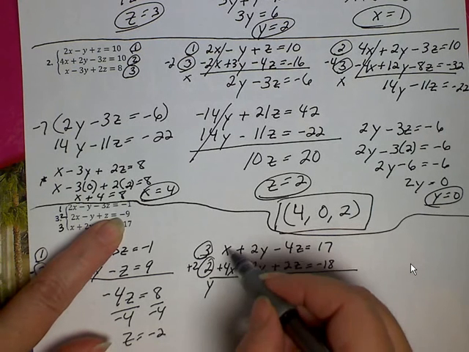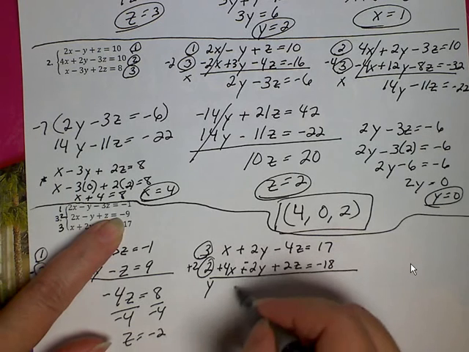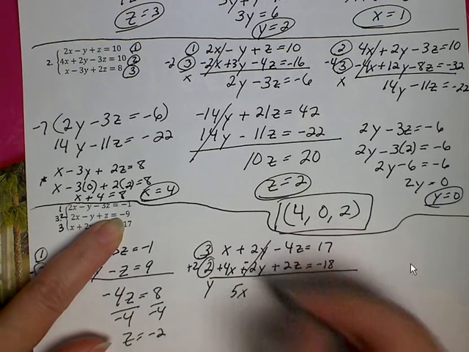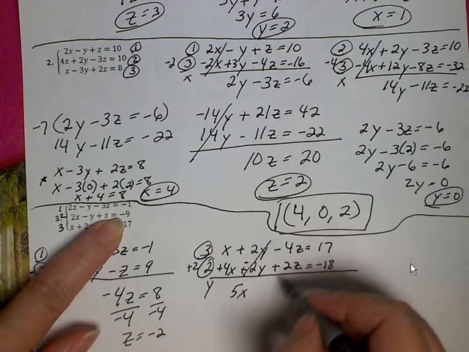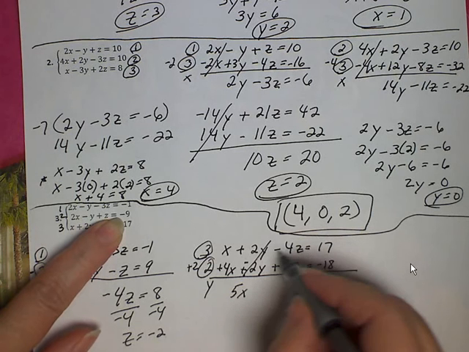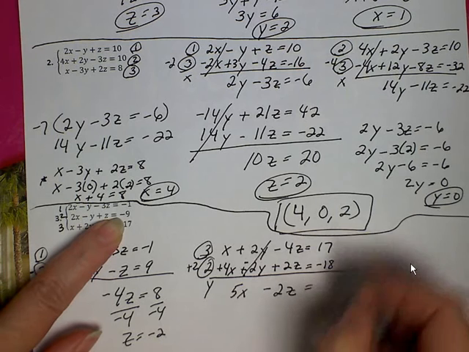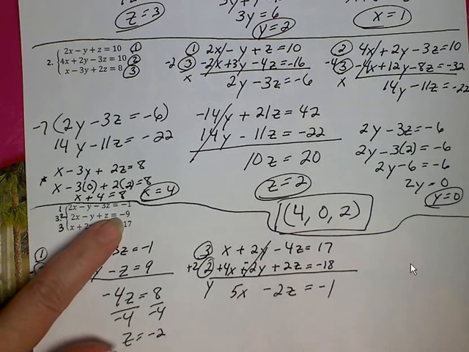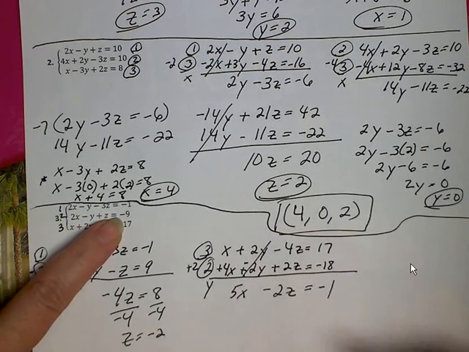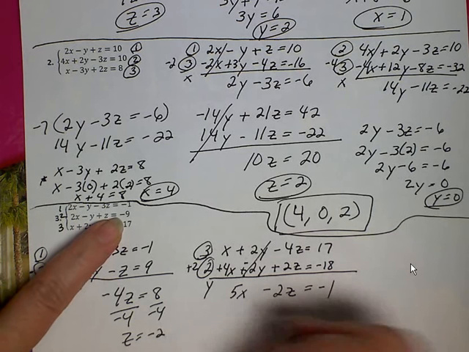So we have x and 4x gives me 5x. My y's cancel out. And here we have our negative 4z and 2z gives me a negative 2z is equal to a negative 1. At this point I can substitute this in here.